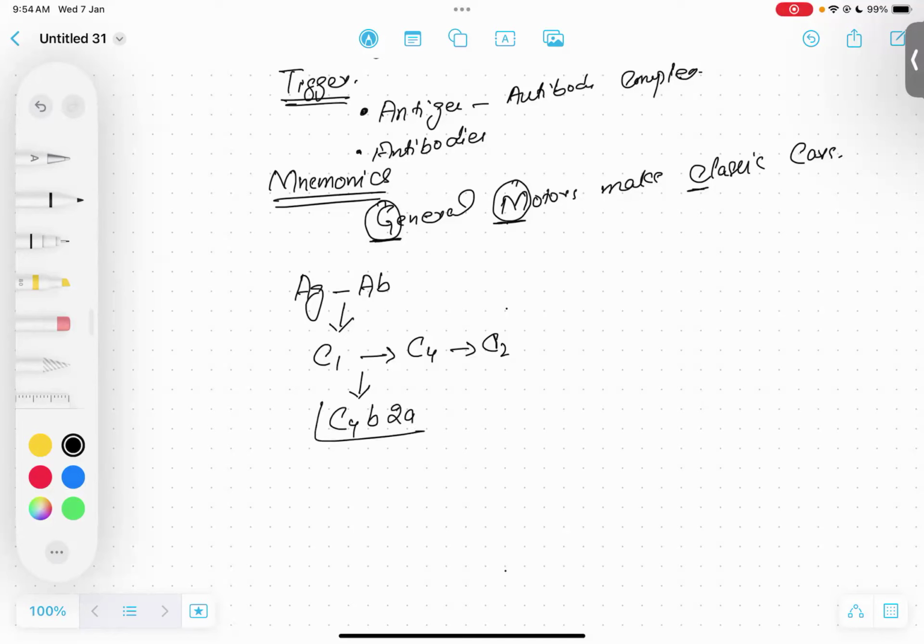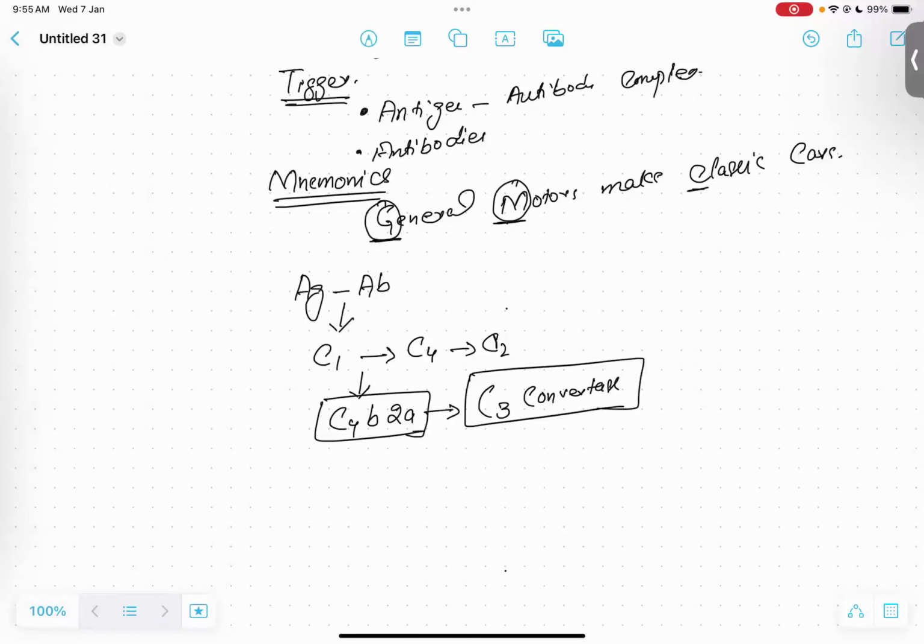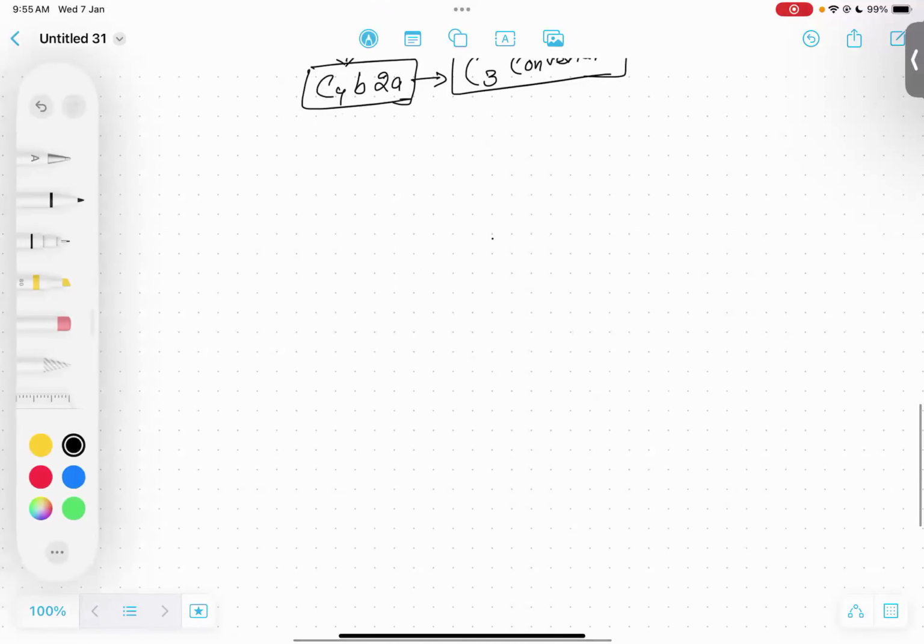Another name for C4b2a is C3 convertase. We have to activate this C3 convertase, which then follows the whole path. So this is called the classical pathway. Let's move to the next pathway, which is called alternative.